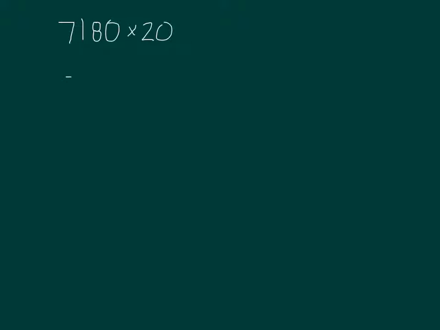So I could just change this to 718 times 2, and then I need to make it 10 times bigger, 100 times bigger, just like that. And I get 143,600.